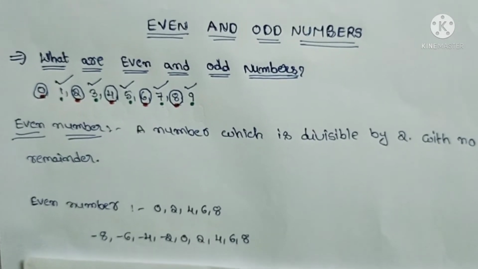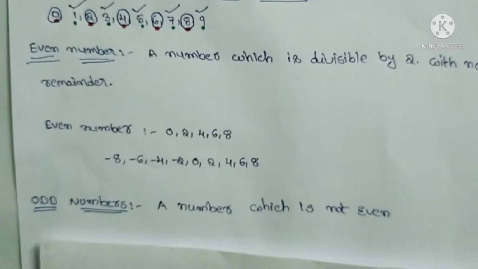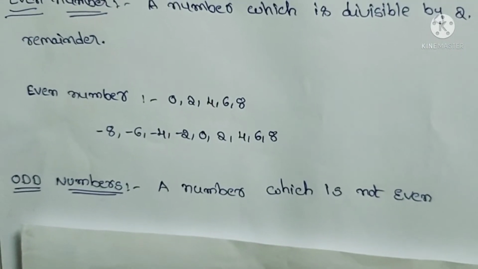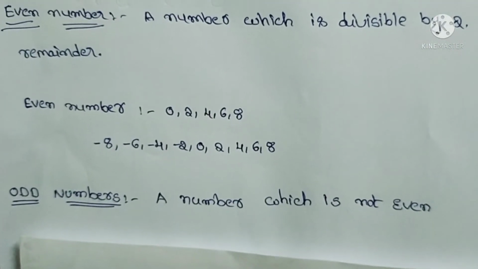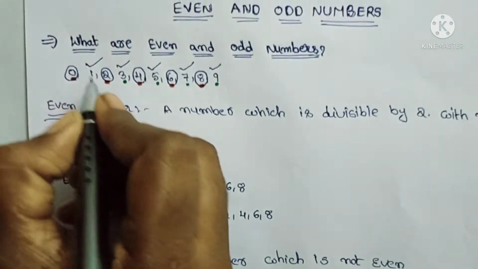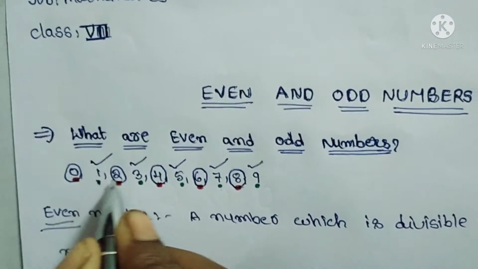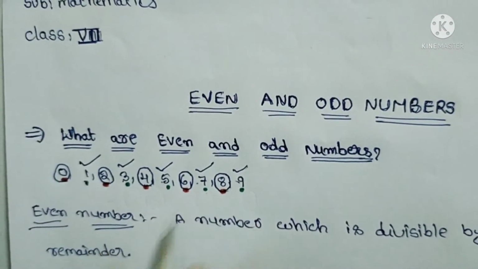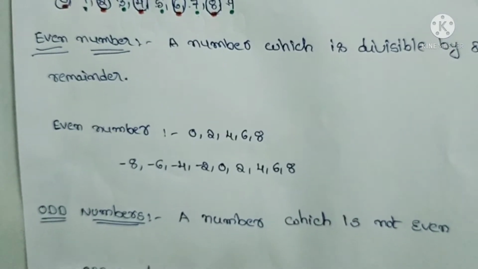The definition of an odd number is a number which is not even. In this list, 1, 3, 5, 7, 9 are the odd numbers.